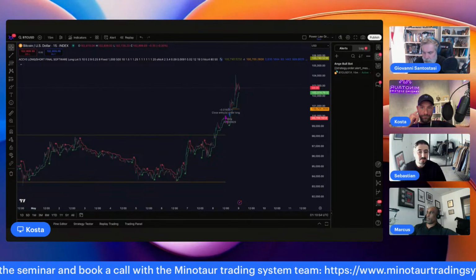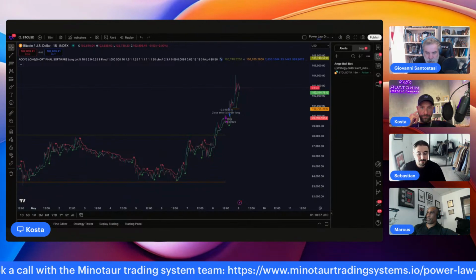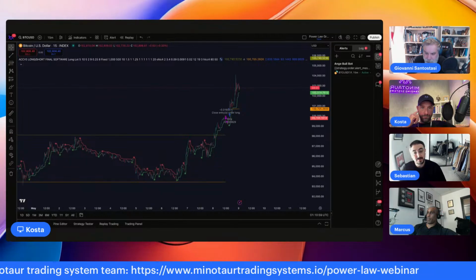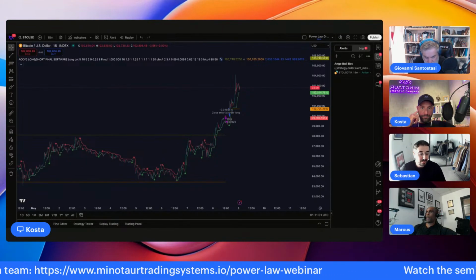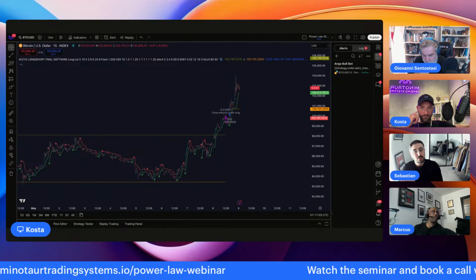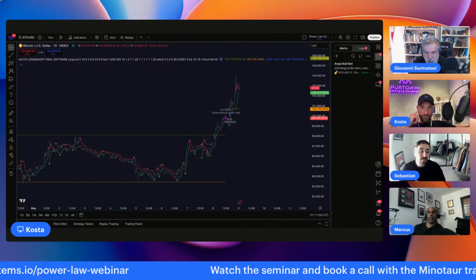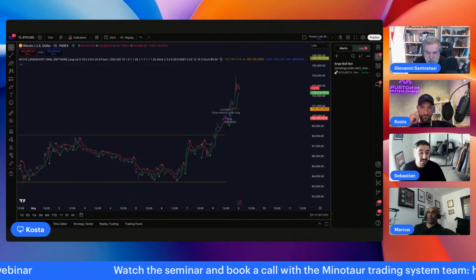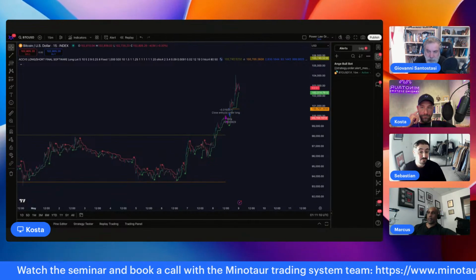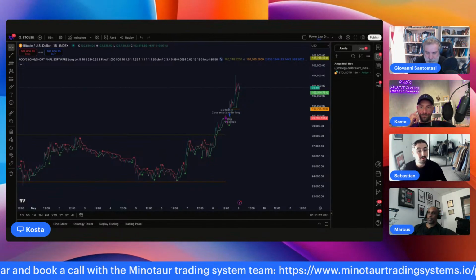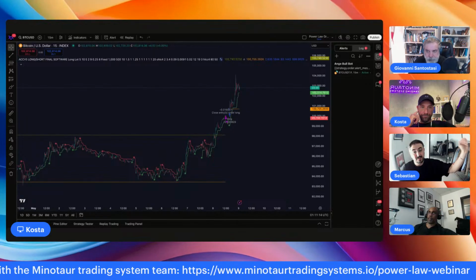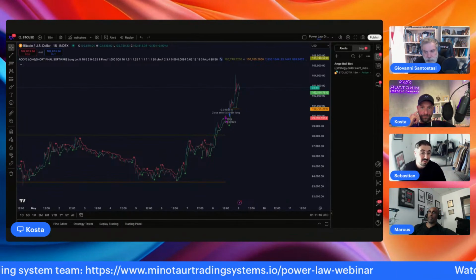The other last point I wanted to make, and this is for Giovanni as well, discussing earlier about his experience with the algorithm. The beautiful thing and most important thing is not just seeing how the algorithm performs when the market's moving up, but Giovanni actually got to see how the algorithm performed during a nearly 40% correction. Because remember, it wasn't that long ago when we hit 110 and went straight back down to 74.